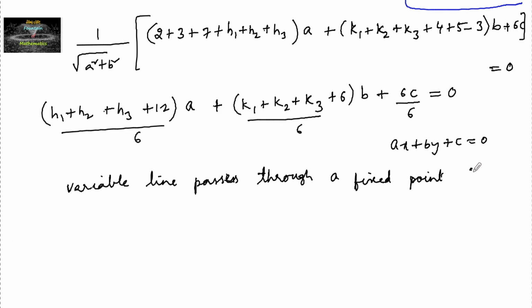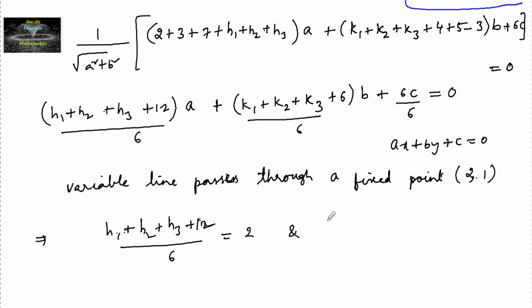So let me write that, which implies that x is nothing but (h1 plus h2 plus h3 plus 12) upon 6 is equal to 2, and (k1 plus k2 plus k3 plus 6) upon 6 is equal to 1.